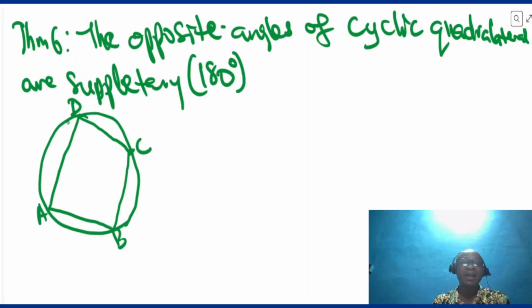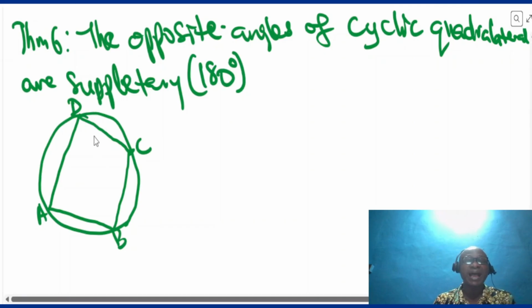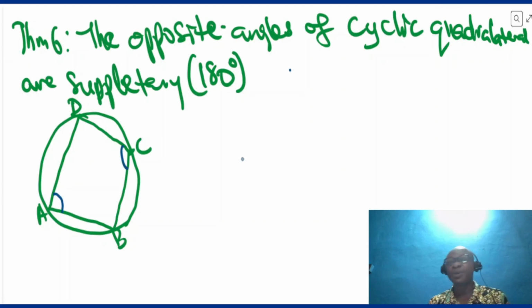Yes, sir. Now, opposite angles sum up to 180. It means that angle at A plus angle at C will be equal to 180.